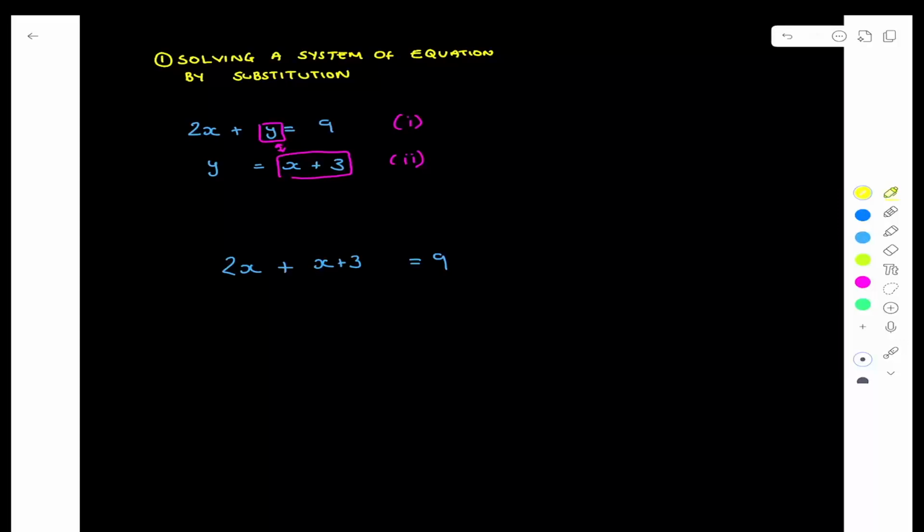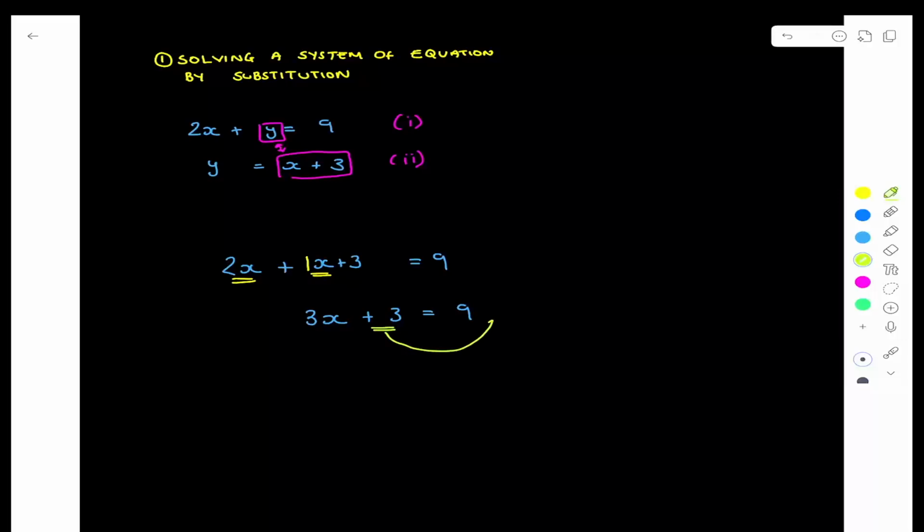Okay, the fun begins here because we collect like terms. So you've got 2x plus x, which basically means 2x plus 1x, which is 3x. So you have 3x plus 3 equals 9. And now let's rearrange this to make x the subject. So we want to get rid of this plus 3.